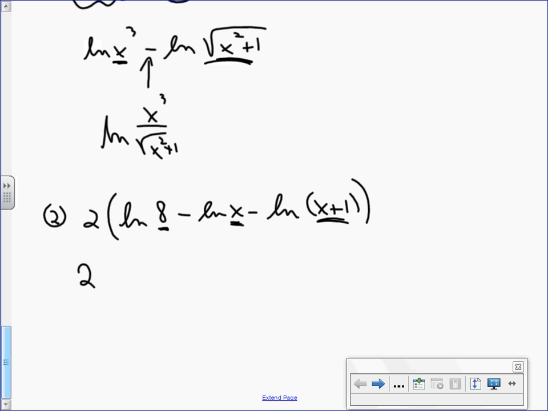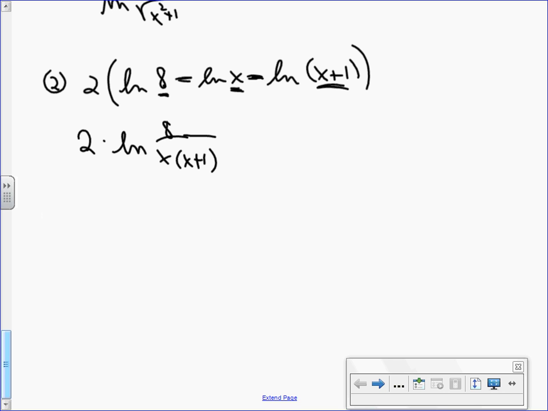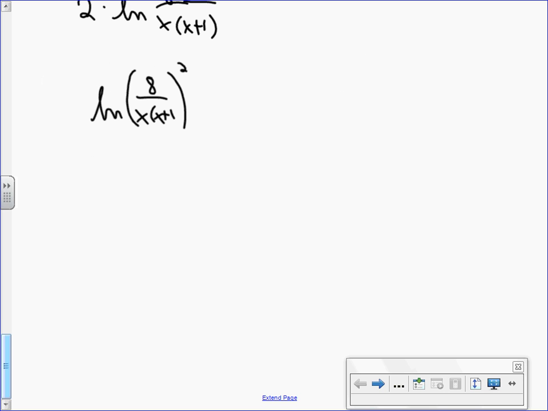Okay, I'm going to leave that 2 for later. 2 times the natural log of, this is going to be, the 8 is going to be in the numerator, minus, so that's going to be in the denominator, also minus, also going to be in the denominator. All right, and then I'm going to deal with this 2 out here, pull that up and make it an exponent. Whole argument squared. Okay. All right. So using the properties to expand or to condense.